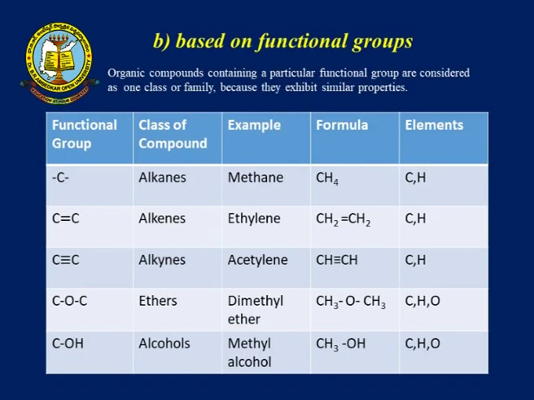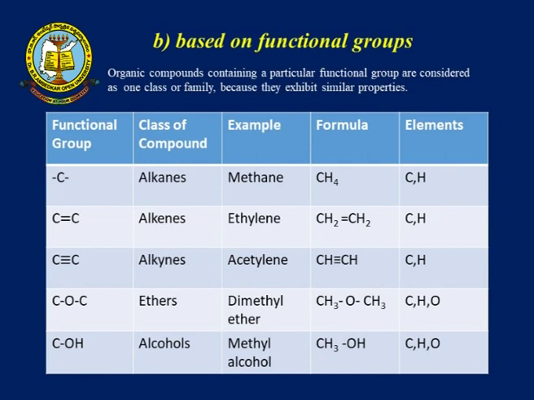For example, a few examples are given here. You can see in the slide. Alkanes: if only single bonds are there, they are termed as alkanes. If a double bond is there, they are termed as alkenes. The functional group is said to be a double bond. If the functional group is a triple bond, the compounds are said to be alkynes.